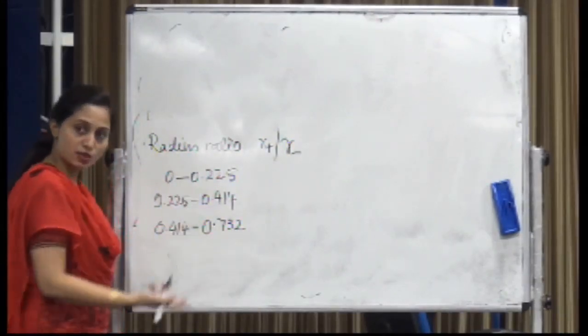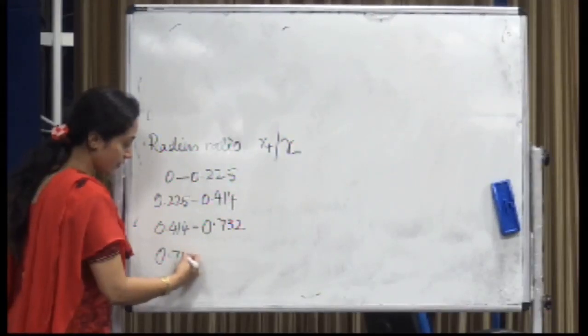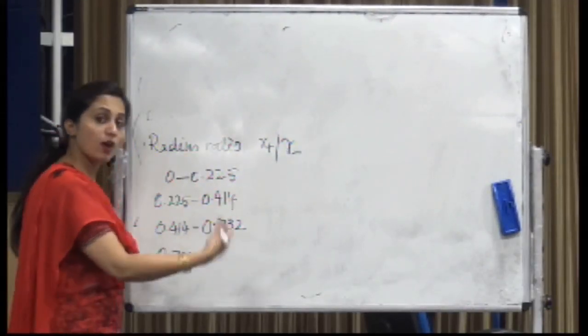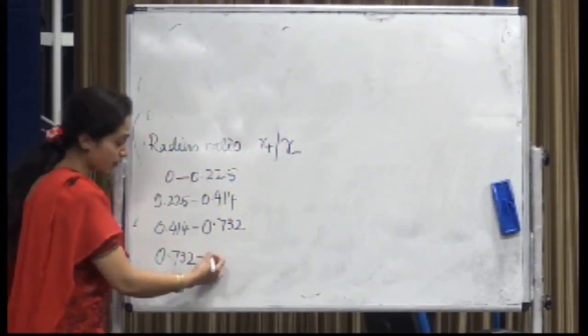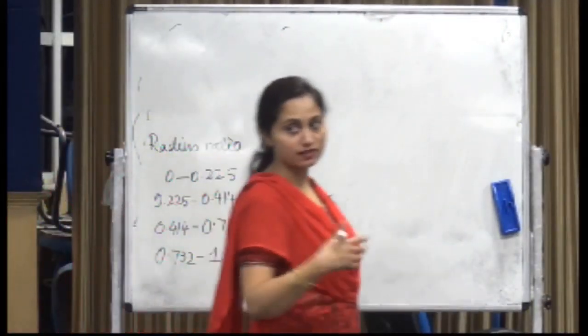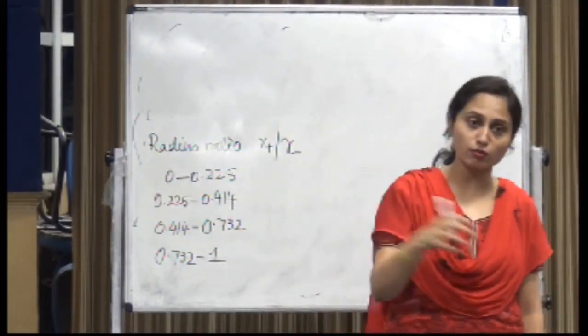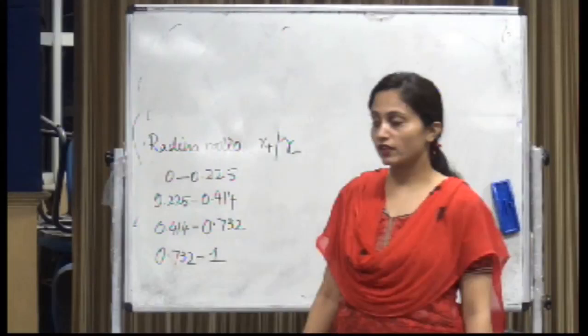These are the demarcations, so you can remember them, and 0.732 to 1 or higher values. Now 1 is generally the limit when your R plus and R minus are just the same. Nowadays it has also been researched upon and you can have higher values of the radius ratio as well.